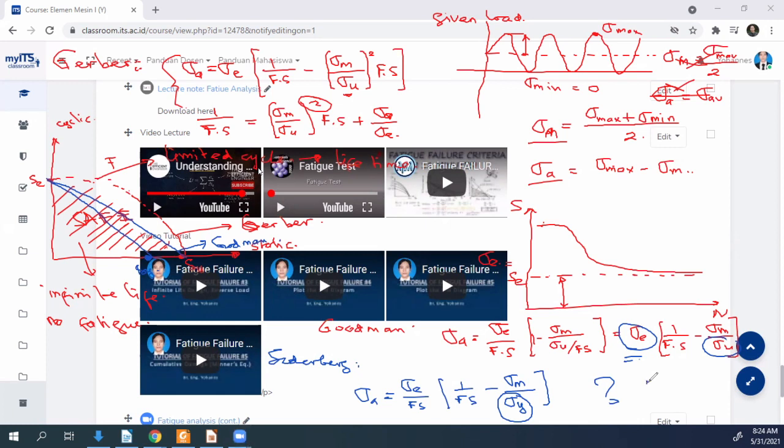As we know, the yield strength is always less than the ultimate, right? So when we choose this criteria, we want to make sure that before the fracture happens, it is never initiated by yield deformation.